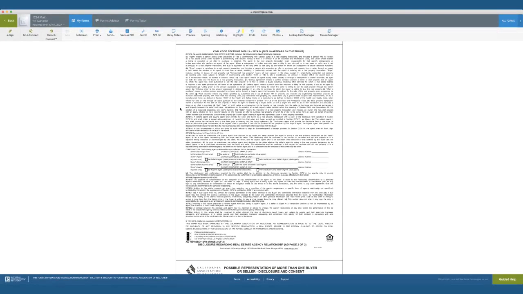Now, who is representing who? So who is the seller's brokerage firm and who is the buyer's brokerage firm? It's telling you in this statute to look out for this, in order to give those agency confirmations. So that's the first part of when you're writing a purchase agreement.